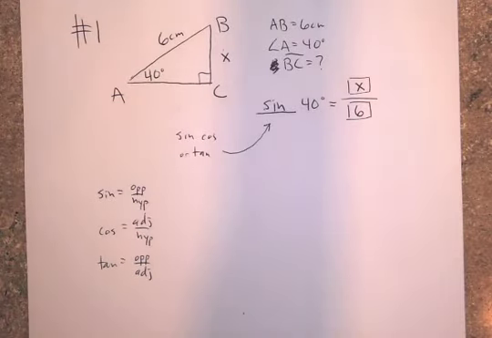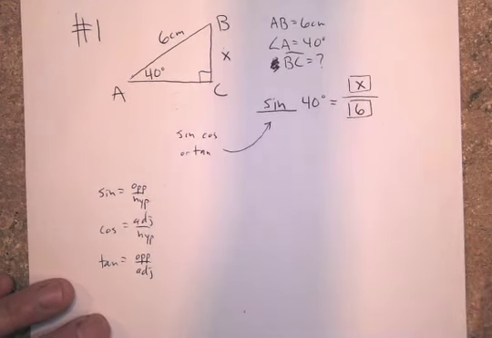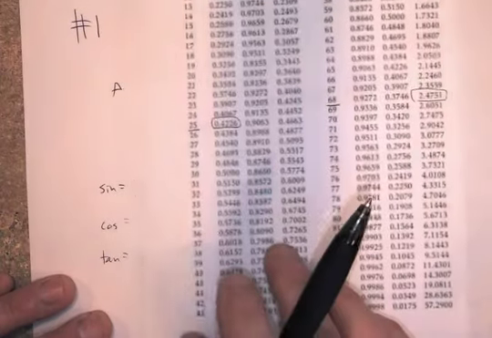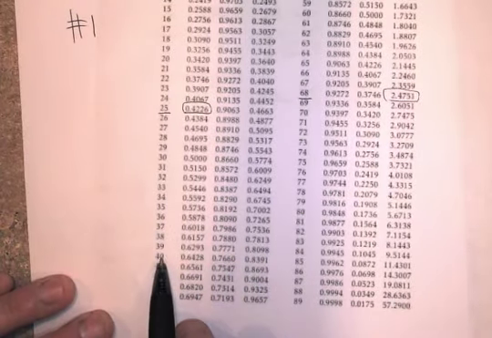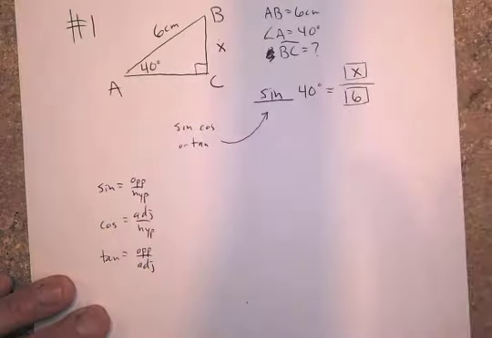Now we've got to actually solve this. How do you solve it? You use your trig table. I've got to look up sine 40 degrees, like what we did on our last lesson. Here's 40 degrees, sine, right here, 0.6428, if you can read that.